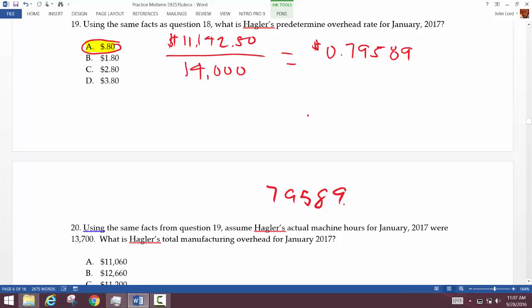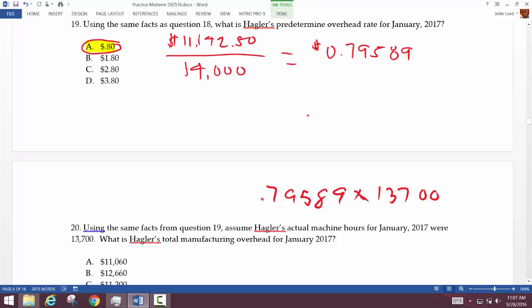Yeah, pretty much. And then you multiply that by 13,700, the number of machine hours, right? And that's a 0.79589, right? John, give me that decimal. There you go.